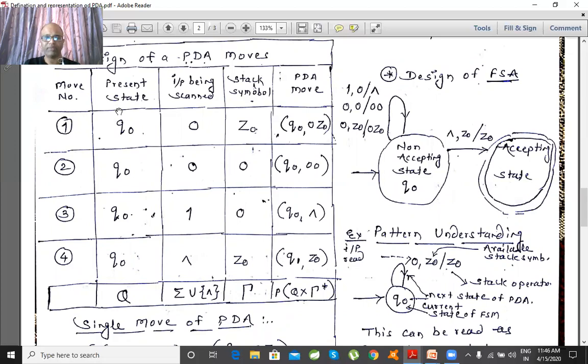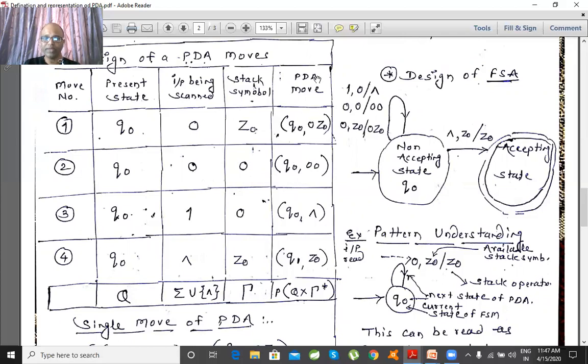Now let me clarify what present state means. Present state is represented by Q. Input being scanned can be represented by sigma, the valid inputs, in combination with null also. What are the stack symbols represented by? The stack symbols are represented by the capital Greek letter gamma.